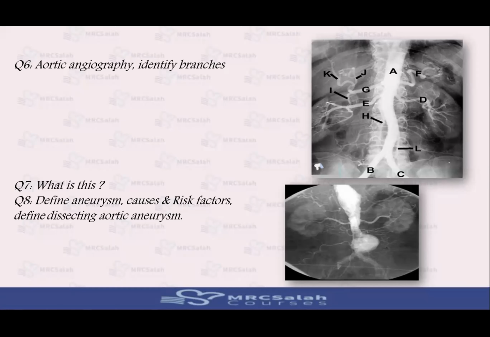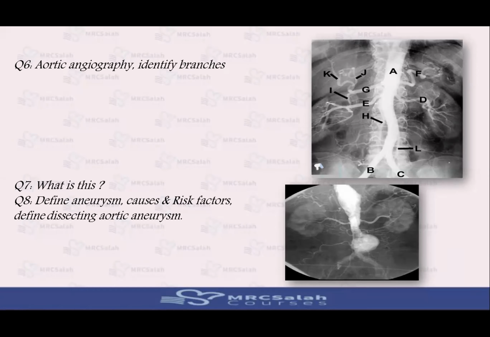Congenital like what? Congenital like Marfan syndrome, and it can be traumatic also. Yes. So you have acquired as in cases of atherosclerosis, congenital as Marfan and Ehlers-Danlos, infection as in syphilis, and trauma like false aneurysm.